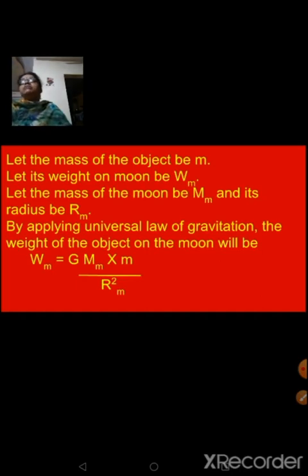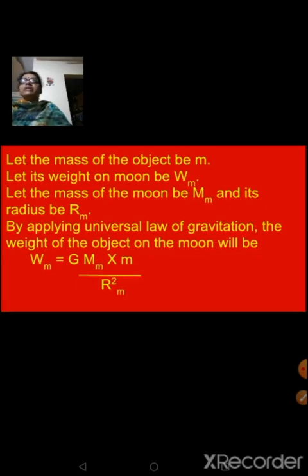So let's assume the mass of the object to be small m, the weight of the same object on the moon to be Wm, that is weight of the object, then mass of the moon to be capital M and radius to be capital R. When you apply universal law of gravitation, the formula that we use for capital F, force with which the earth attracts the object, the same thing because weight is also a force.